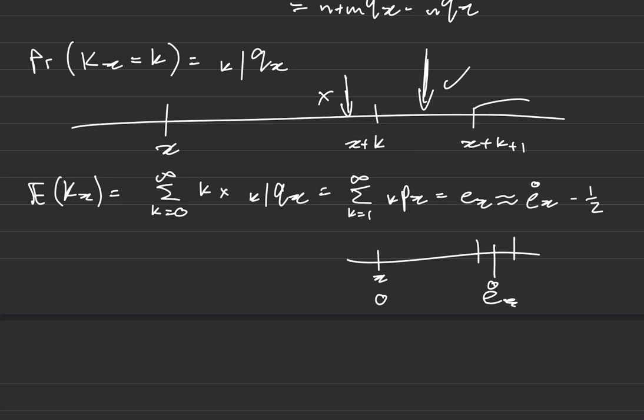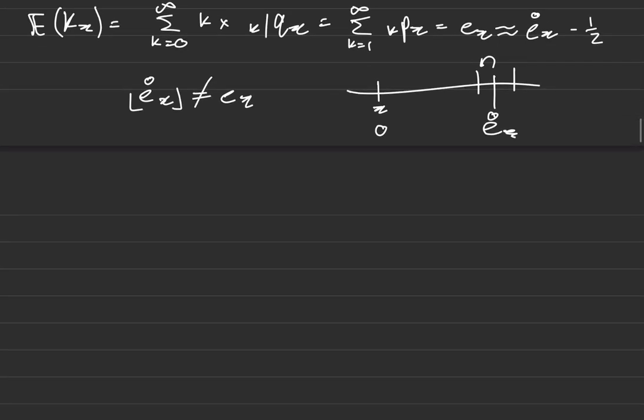If I'm assuming that deaths are uniformly distributed across each year of age, then I'll assume that it falls in the middle of a year of age, which means that the curtate future lifetime will be whatever this number is minus a half, to get to the whole number of this number. Once I've floored this basically. Except you don't floor that. So by the way, this does not equal this. Just want to make that clear.